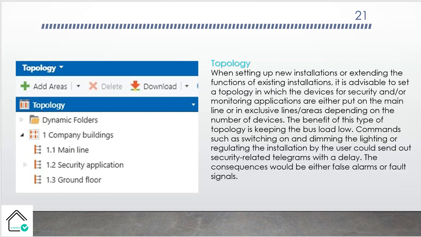Then you have the separate power supply and related things. The benefit of this type of topology is keeping the bus load low. Commands such as switching and dimming the lighting or regulating the installation by the user could send out security related telegrams with a delay.